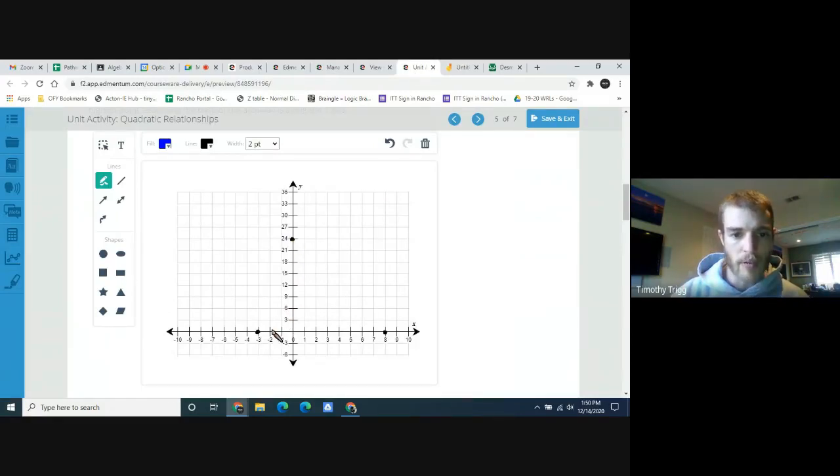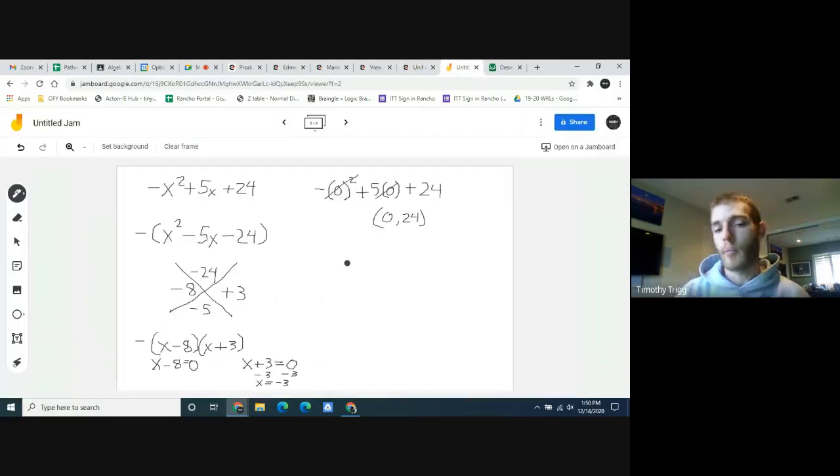So now we can get a better idea of what the arch looks like. But we still need to find the highest point. When they ask what is the highest point, that's the same as asking what is the vertex. The way we can find the vertex is we can use a little formula, and it's basically -b divided by 2a. I'll show you how to use this formula.